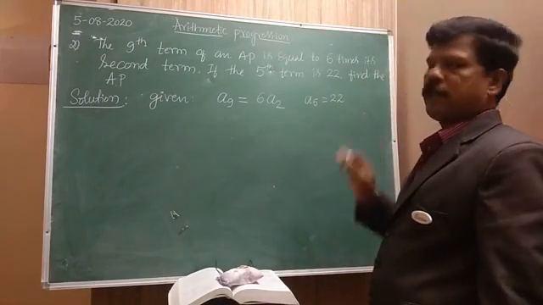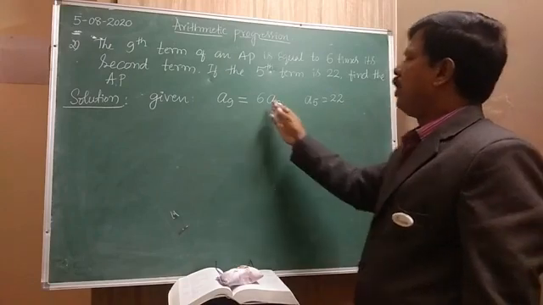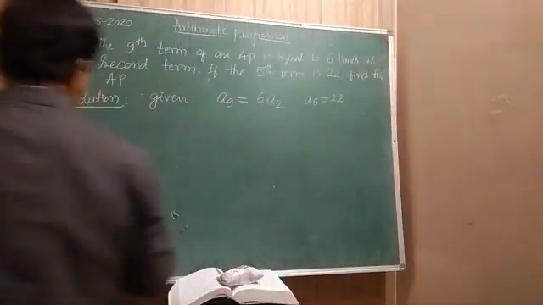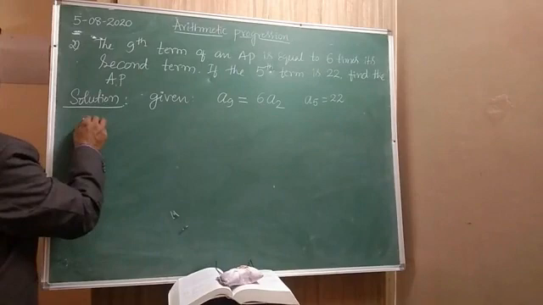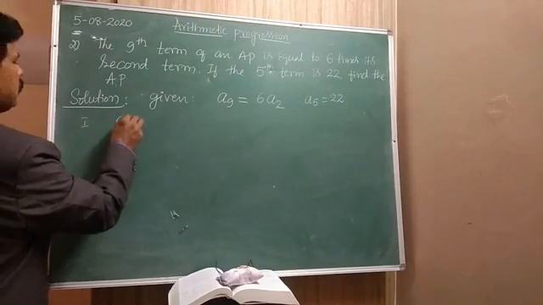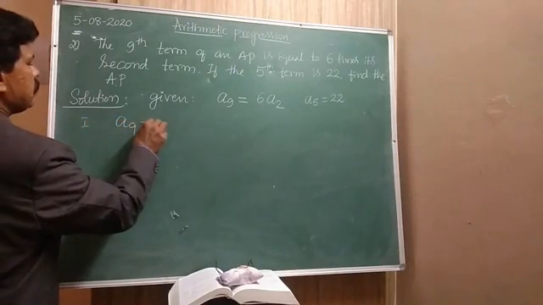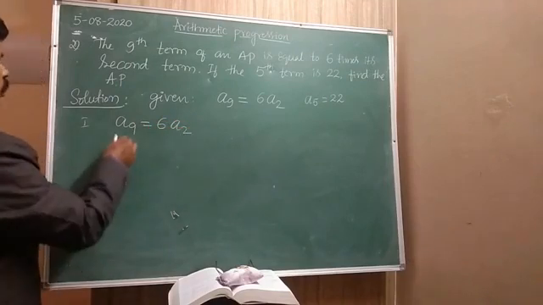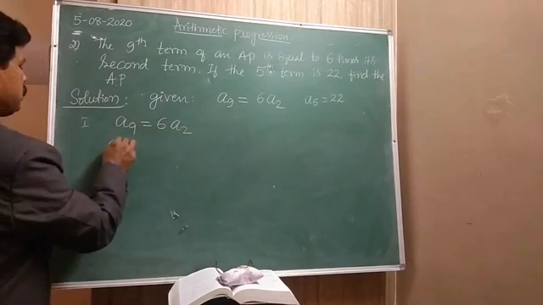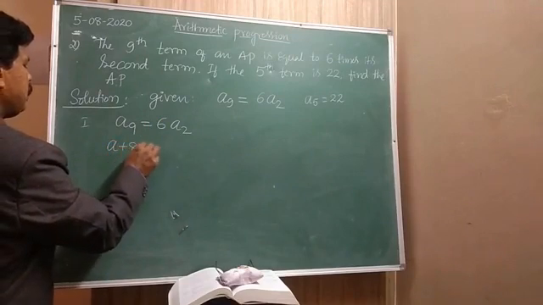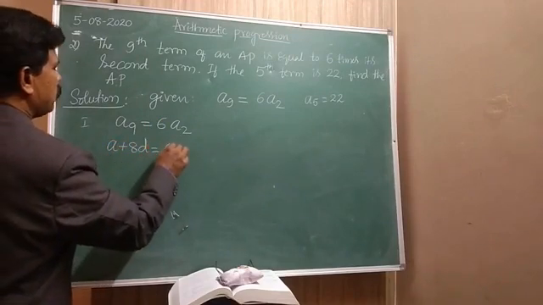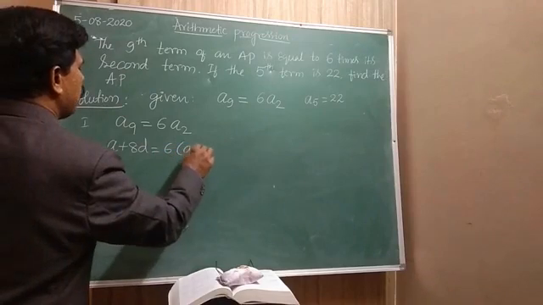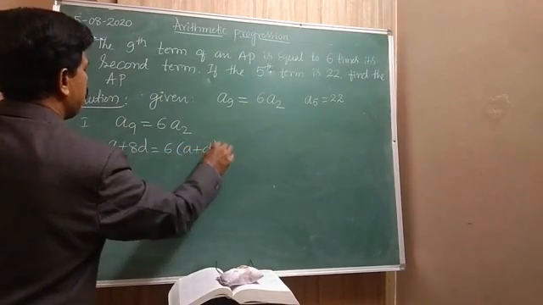Now let us take the first part, A9. A9 is equal to 6 into A2. Now A9 means A plus 8D is equal to 6 into A plus D.